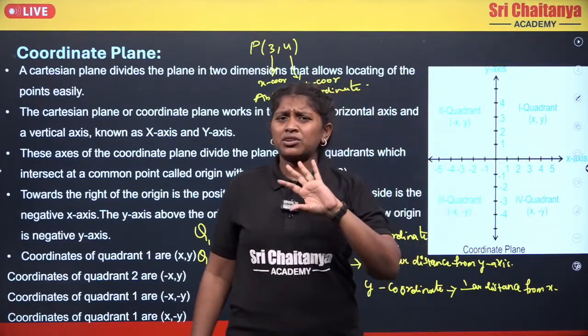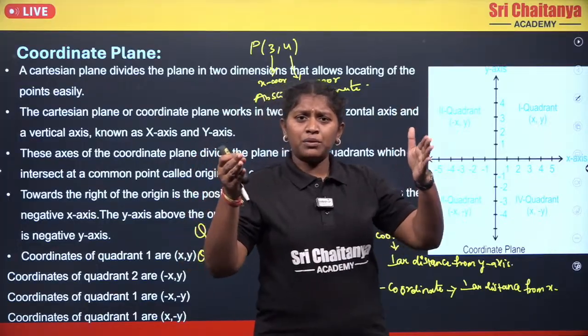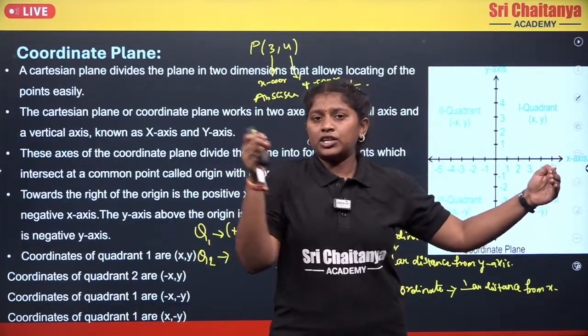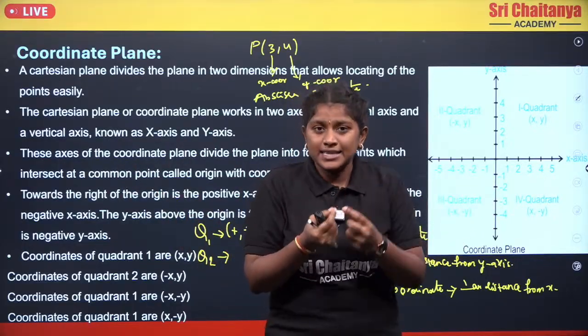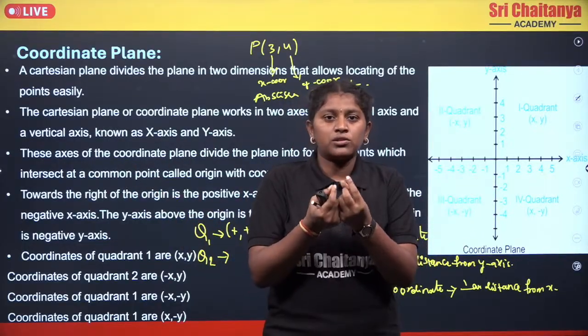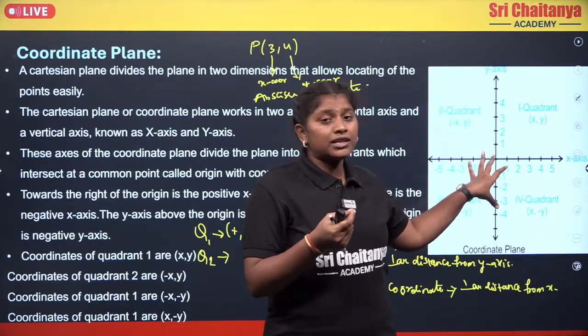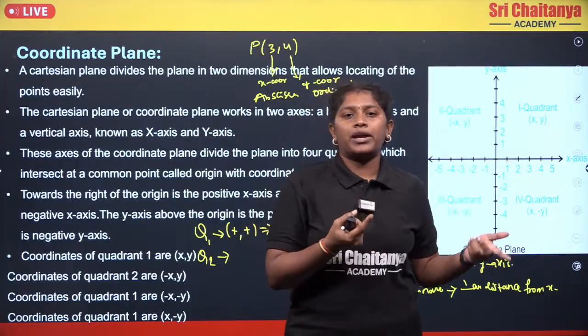This is nothing but just a number line. On a number line we have positive values on the right side and negative values on the left side, taking 0 as the reference. In the same way here also, the x axis is your number line. Then how do we get the y axis? Just keep it upside down, then you will get your y axis.